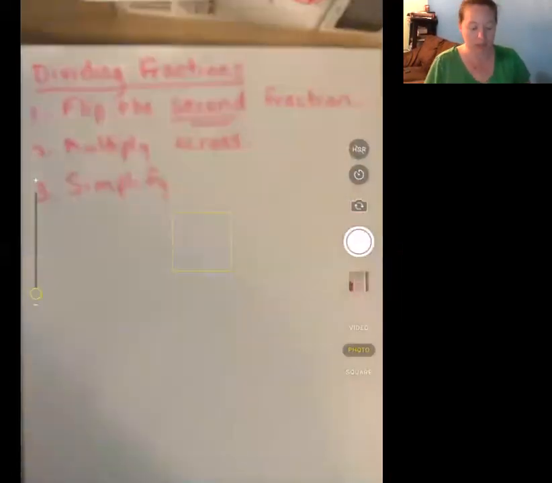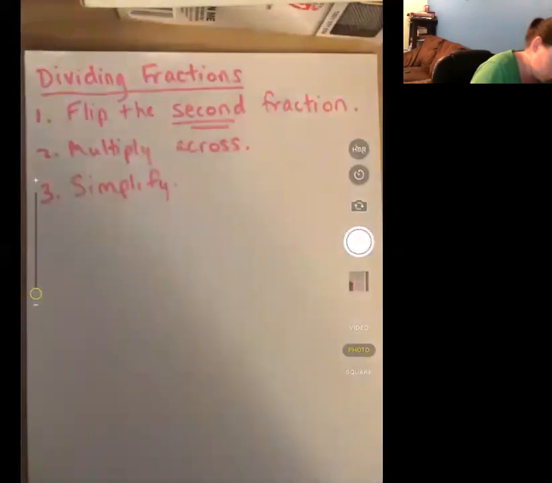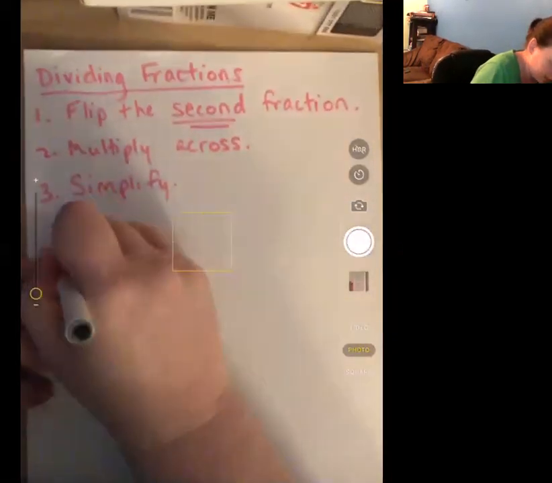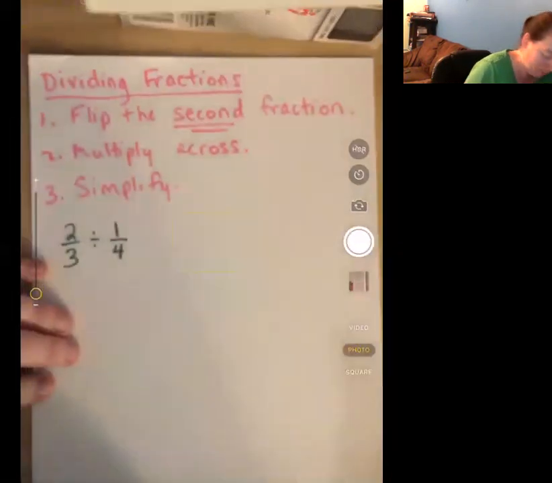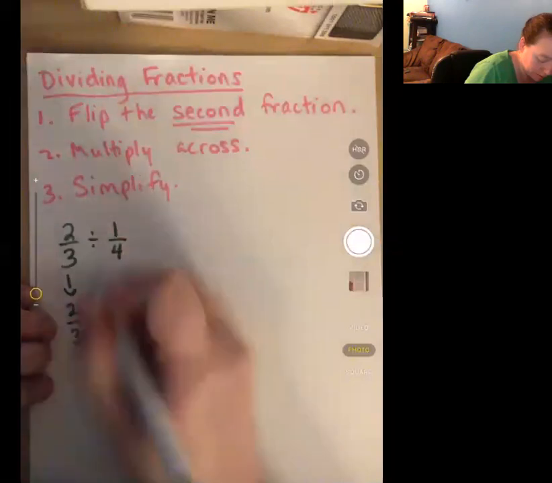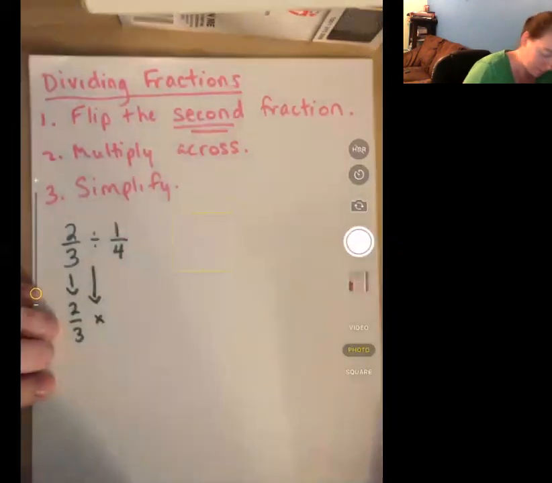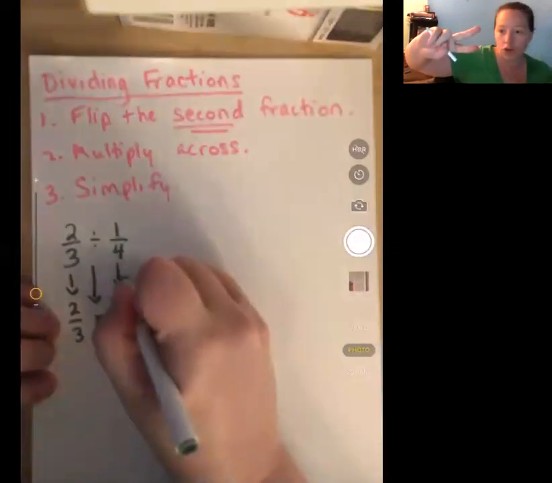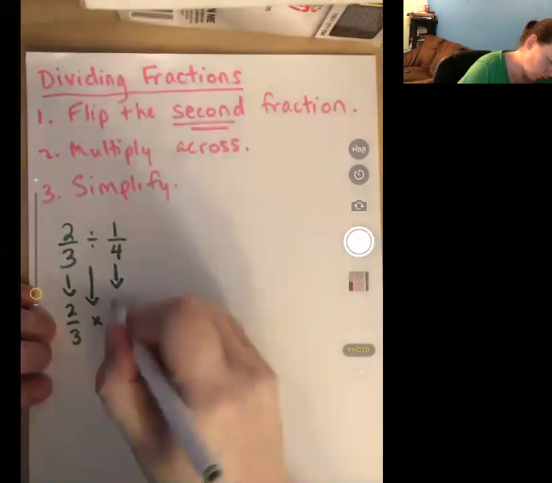Okay, so what ends up happening is this. I have 2/3 divided by 1/4. I keep the 2/3. My division sign becomes a multiplication sign, and 1/4 flips to 4/1.